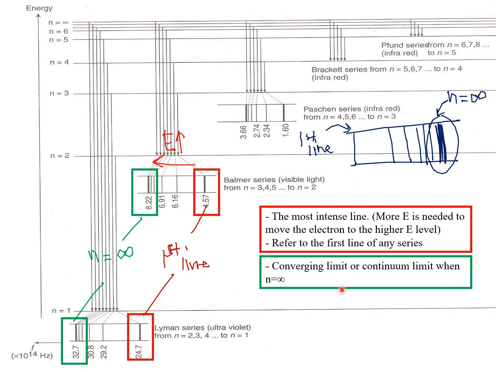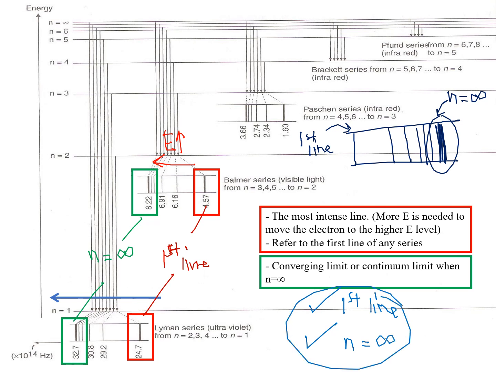So cara nak baca line spectrum, you kena tahu macam mana nak determine first line, and then you kena tahu macam mana nak determine converging limit or continuum limit. So you can know these two kalau let's say you boleh baca melalui line dia.